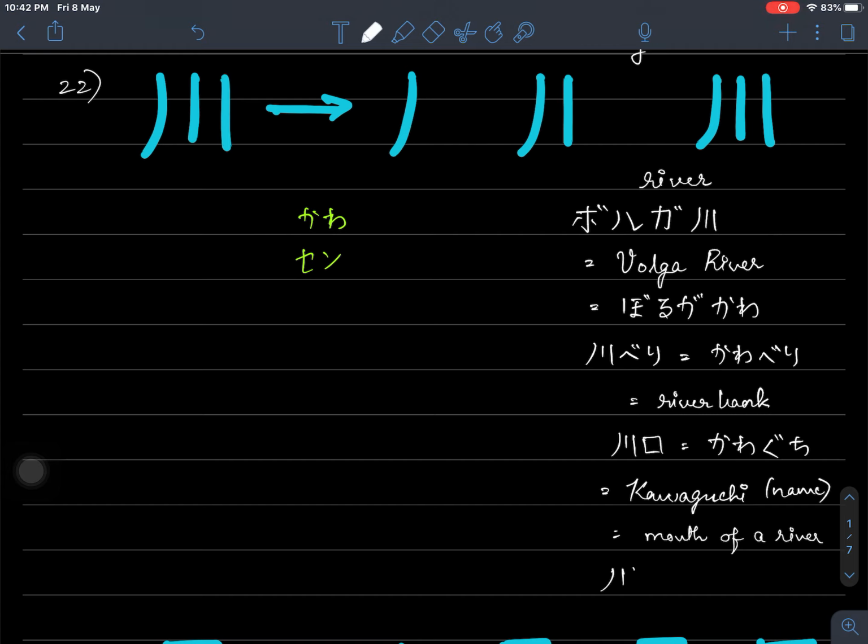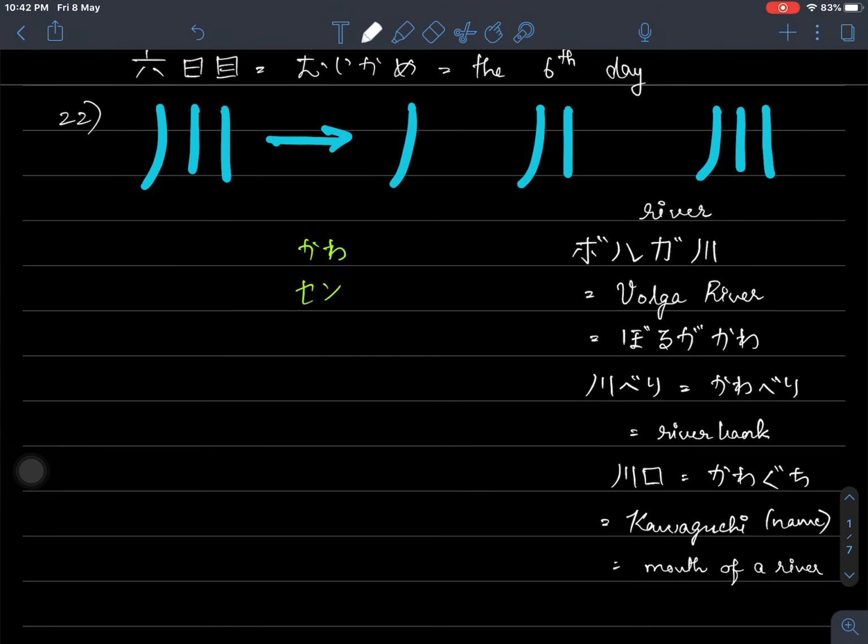And let's do another name. So this is Kawata or Kawada. Let me write it on the side because we have already entered into the next slide somewhat.